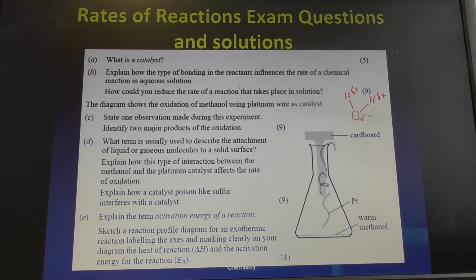The electrons will spend most of their time, or the majority of their time, around the oxygen. When I say the electrons, I mean this pair and this pair, the pair making up those two and those two. So that gives the oxygen a slightly negative charge.